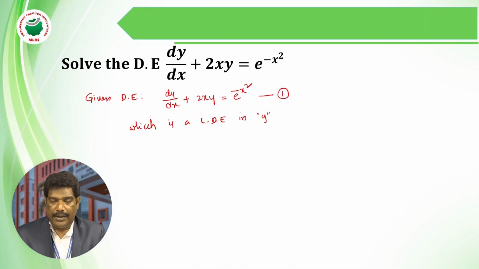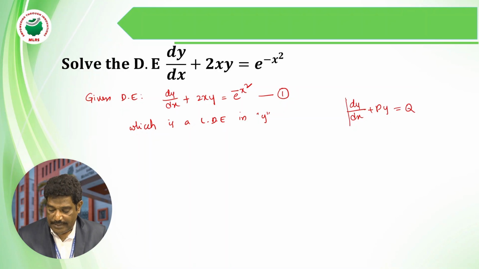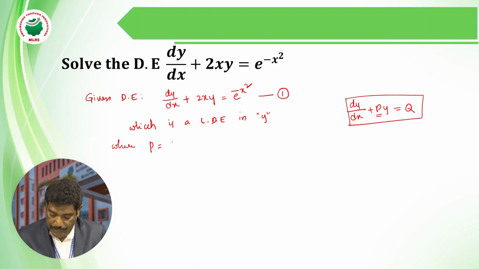Now compare with the standard form of linear differential equation. What is the standard form here? The standard form will be dy by dx plus p into y equals q. Now here what is the y coefficient? P. Comparing, p equals 2x and q equals e power minus x square.